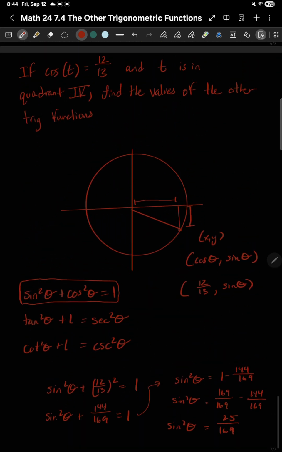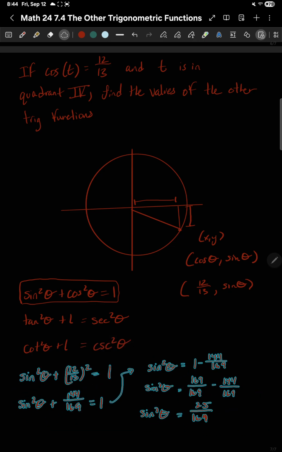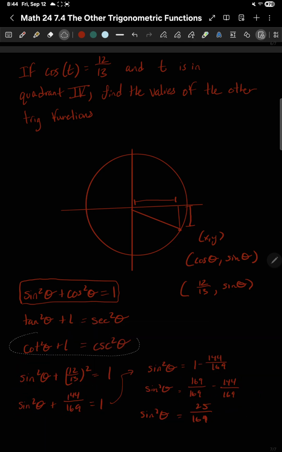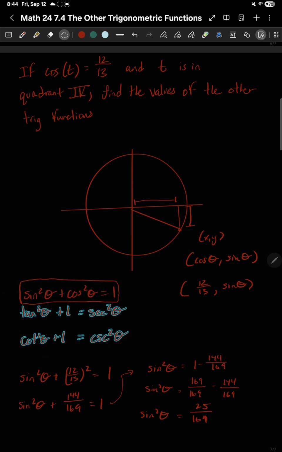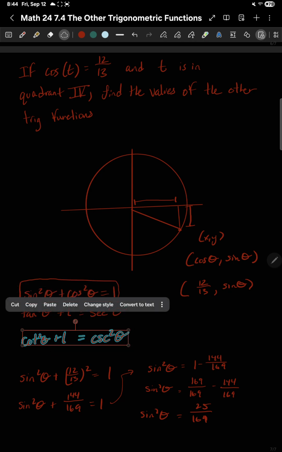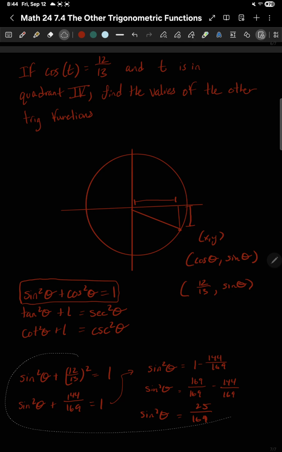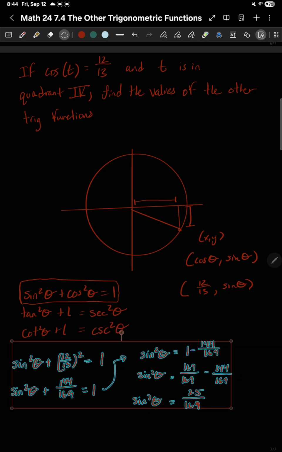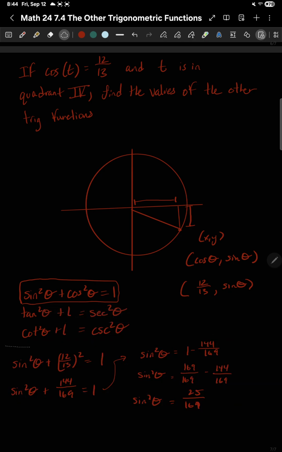Actually, rather than bringing it to a new page, I'll just resize it and move it around a little bit. Probably should have chosen a different color to do this in, but I'll just put a line. Okay.